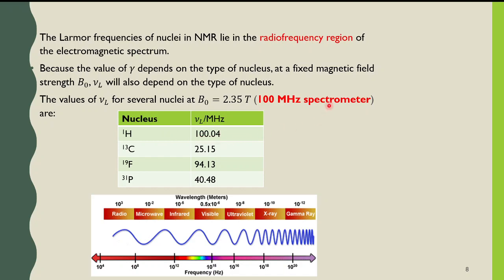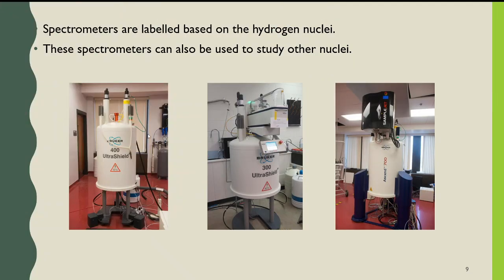That's close to 100, so you can expect that the label on this spectrometer is going to be 100 megahertz, to specify the Larmor frequency of hydrogen. So those numbers mean something: they are the Larmor frequency for hydrogen. That's one of the subtleties that you will see.